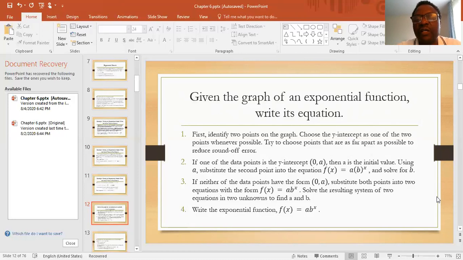You can follow these first steps. First, identify 2 points, which could be the y-intercept and any other point. Then use the y-intercept to get an equation, and the second point to get the second equation.